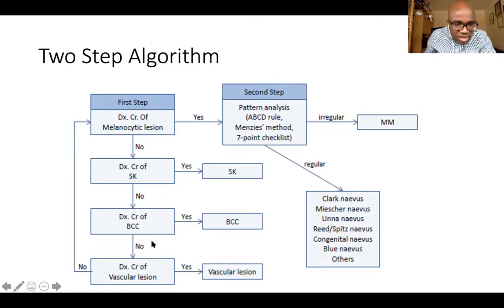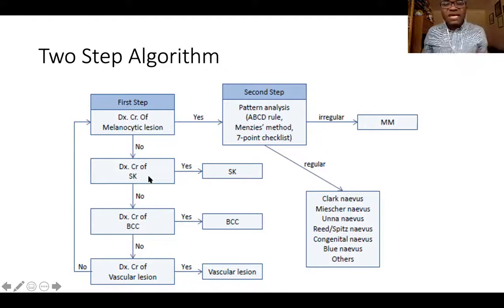If no, then think, has this lesion got the diagnostic criteria of a vascular lesion? So the first step is melanocytic, yes, you come to the second step. Non-melanocytic: is it seborrheic keratosis? Yes. Is it a BCC? Yes. Or is it a vascular lesion? Yes. So this is what the 2-step algorithm helps you with.